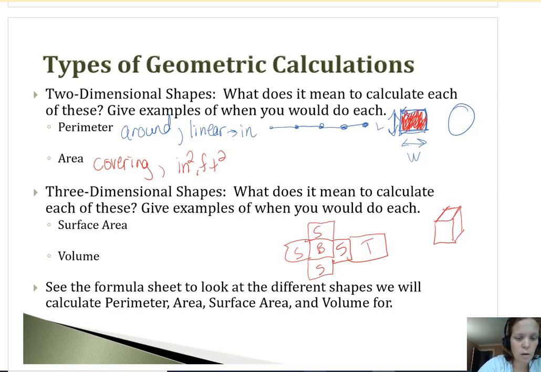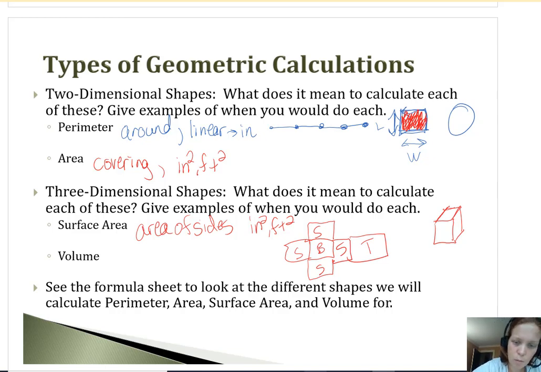So surface area is still going to be two-dimensional because it's the area of all the sides. So this is still going to be square inches or square feet or square millimeters, square meters, any linear dimension squared. Versus volume, which is how much Kleenex can fit in the box on the inside.